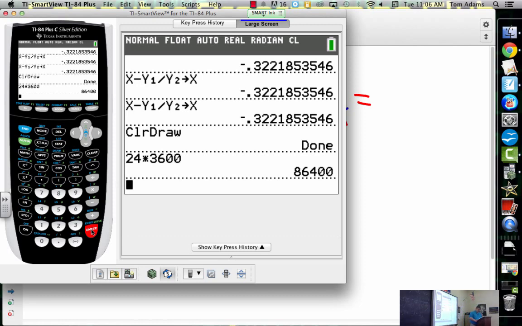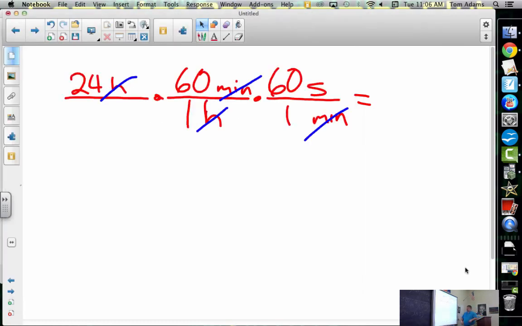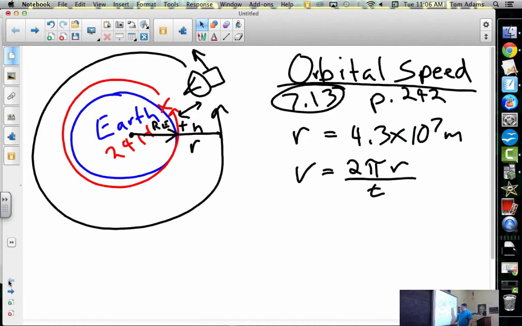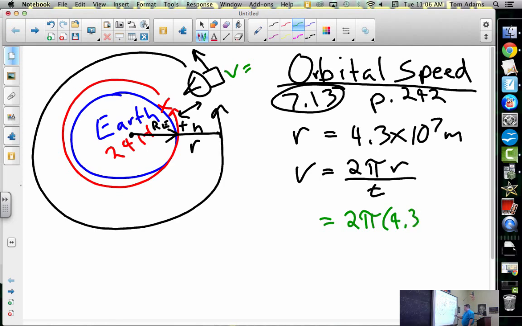This is actually easier than it looks. To find this velocity v, I just need to say 2 pi times 4.3 times 10 to the 7 meters divided by the time, which is 86,400 seconds.